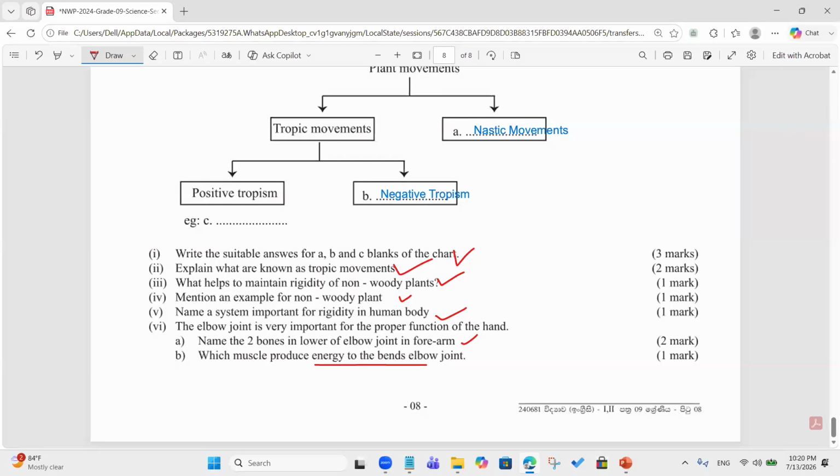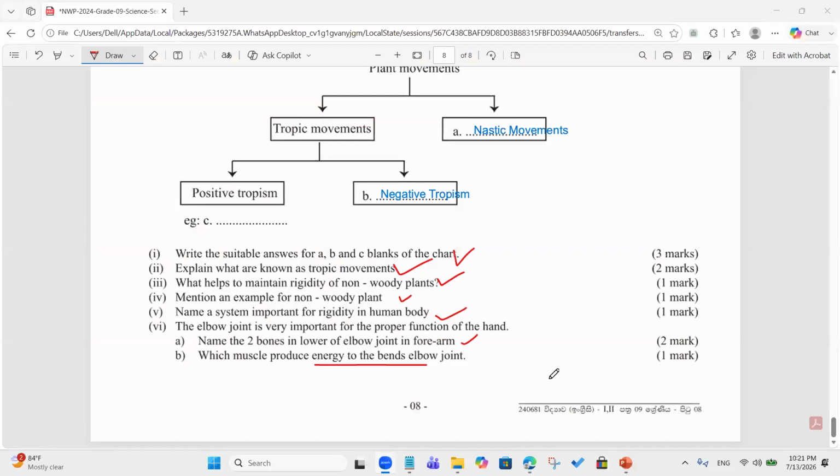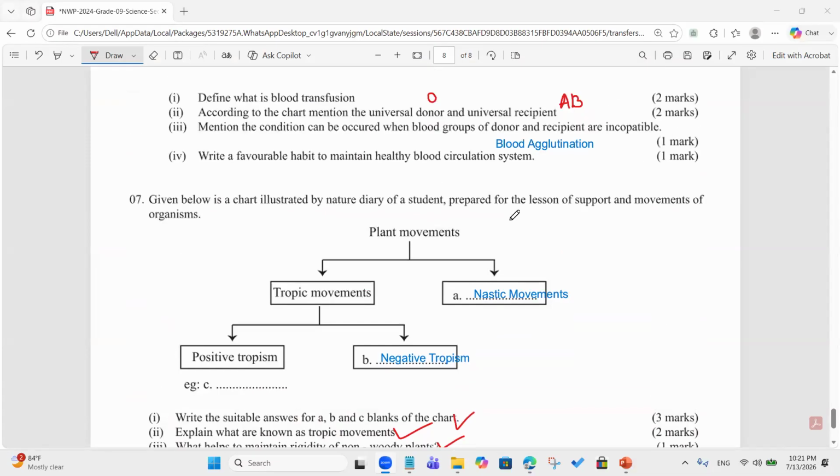Triceps muscle. It's the biceps muscle, you know. Triceps also is needed, but I think biceps is the main muscle. Okay, so both biceps and triceps are involved in this. Okay, take 1 mark.